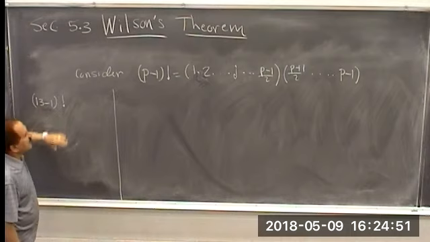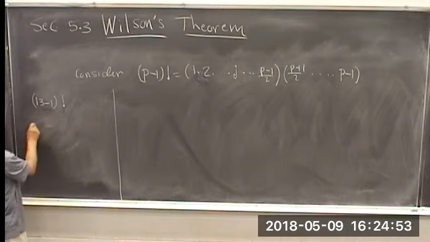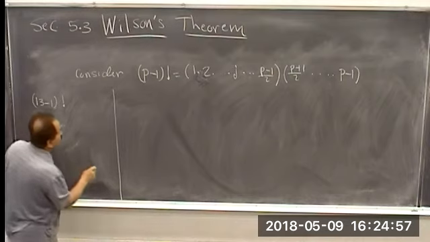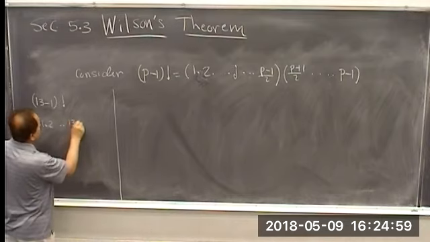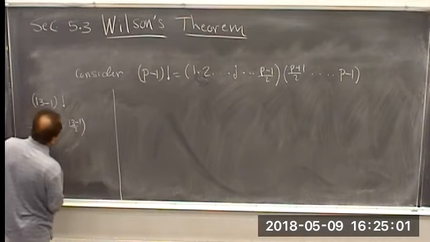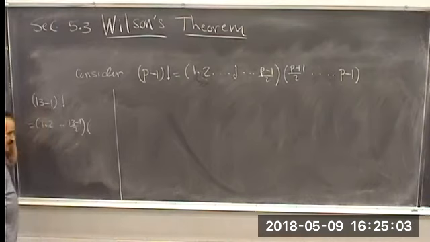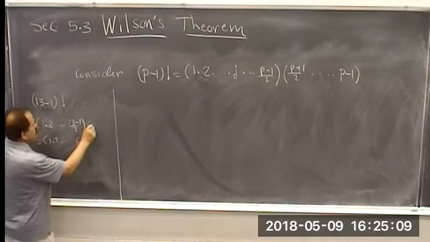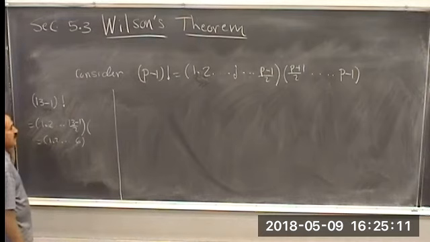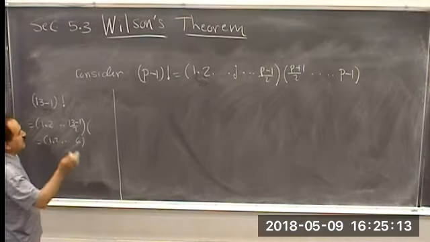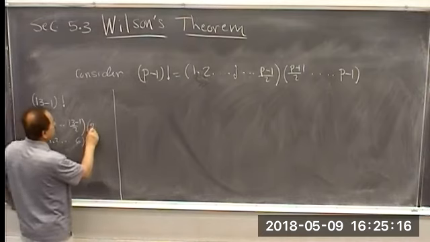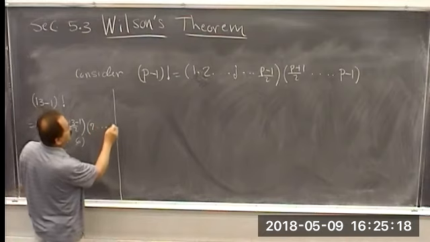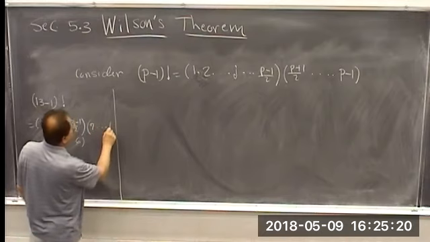So when I write this as 1 times 2 up to (13 minus 1) over 2, this is going to be 1 times 2 up to 6. Then the next one is (p plus 1) over 2, that's 14 over 2, this would be 7, and so on, up to 12.